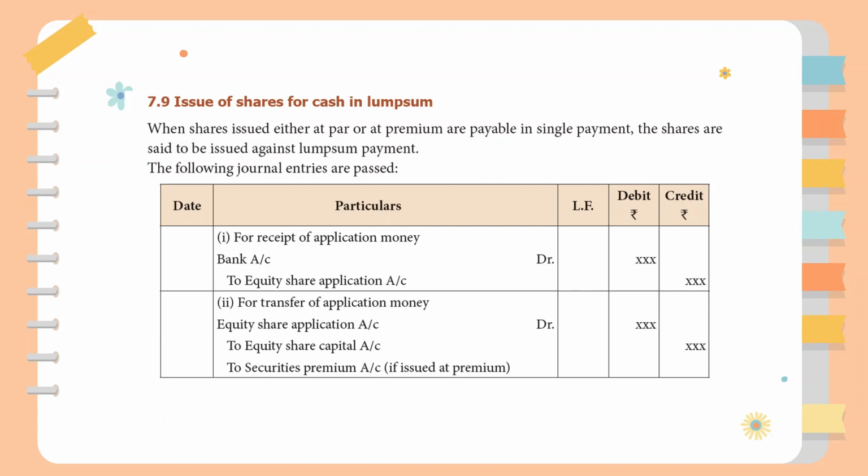Suppose the shares are issued at par only, you have to write bank account debit to equity share application and equity share application to equity share capital. That's all, when the shares are issued at par. When the shares are issued at a premium, then you have to show the securities premium account in the second entry. See here, the bank entry will never have the securities premium, bifurcation will not come there. So in the second entry you have to show it.